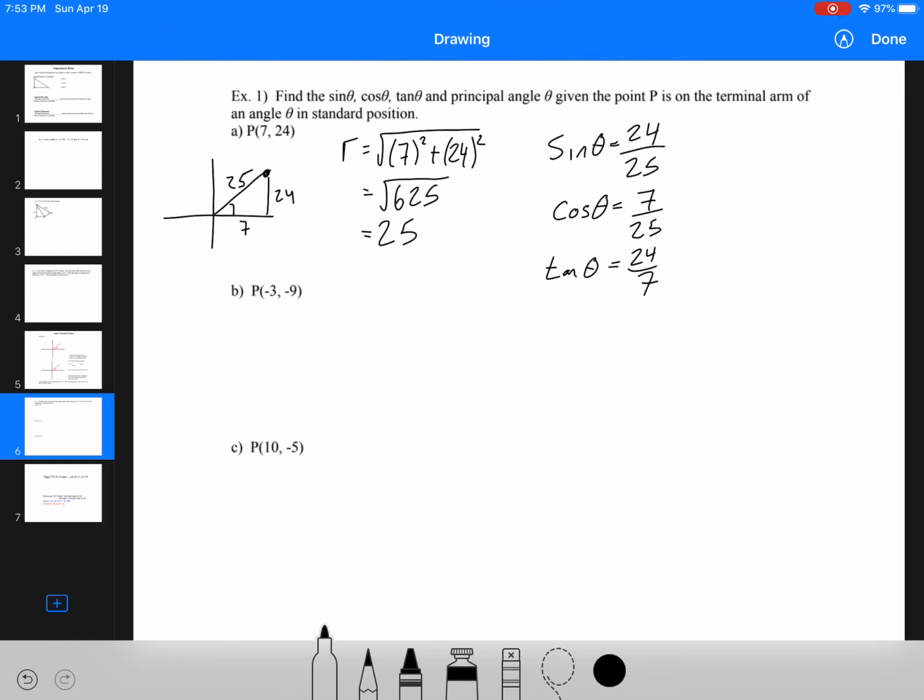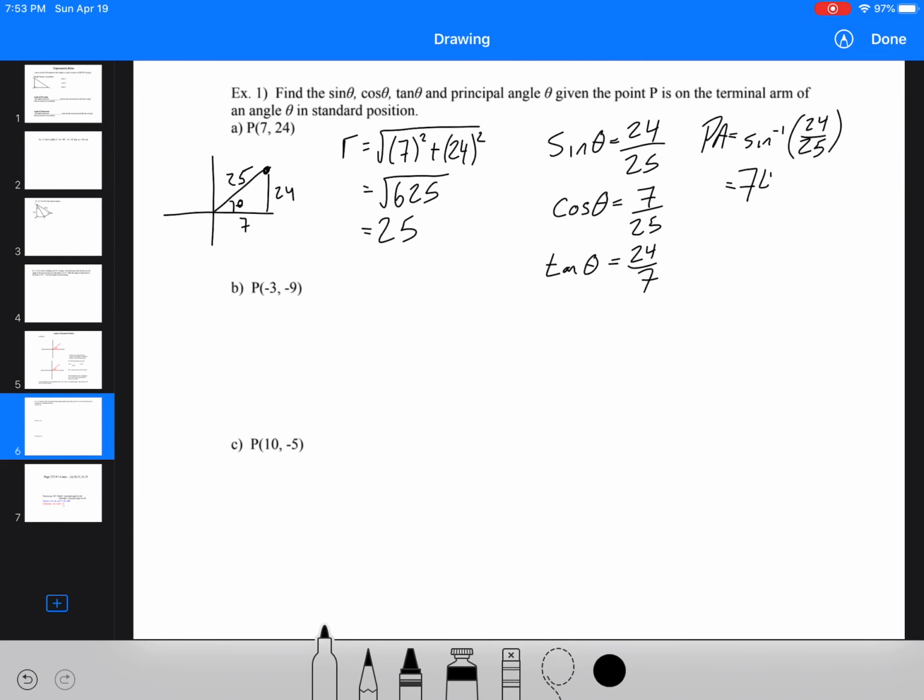And we can choose any of these to find our principal angle in this case, because our related acute angle and our principal angle are equal to the same thing because we're in quadrant 1. Okay, theta is in quadrant 1. So we're going to have principal angle equals the sine inverse of 24 over 25, which equals, so we've got 24 divided by 25, and we're just doing the sine inverse, and we get 73.7, which is 74 degrees.